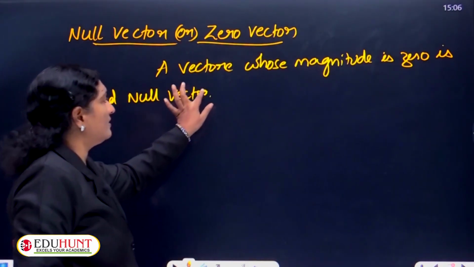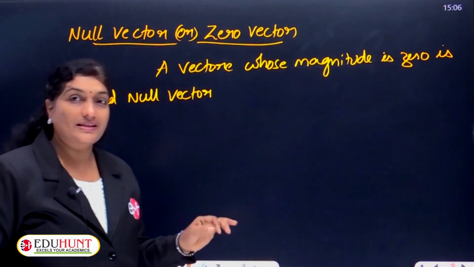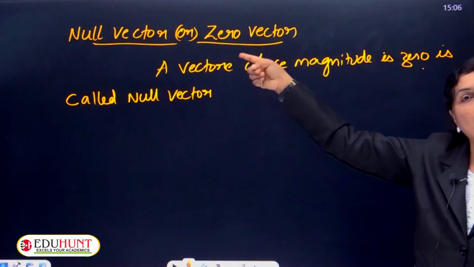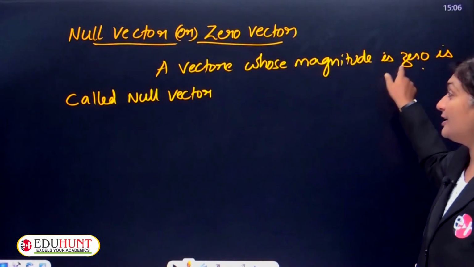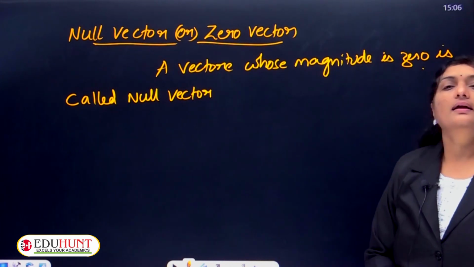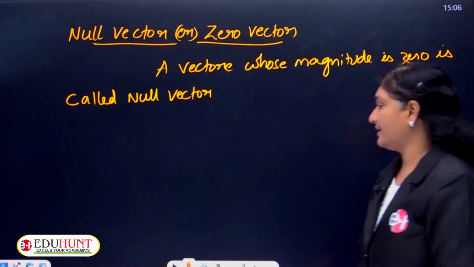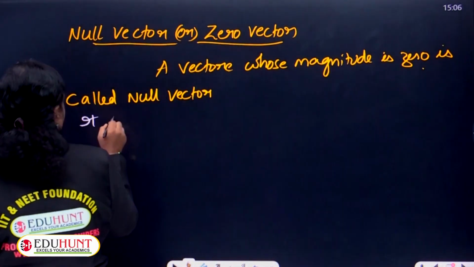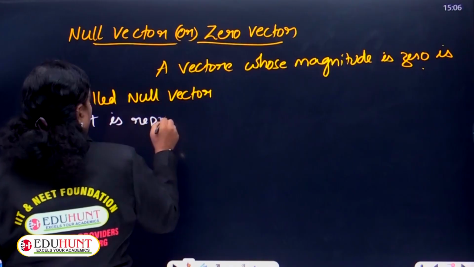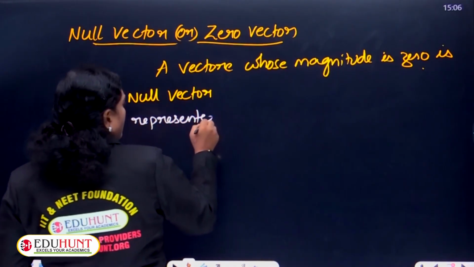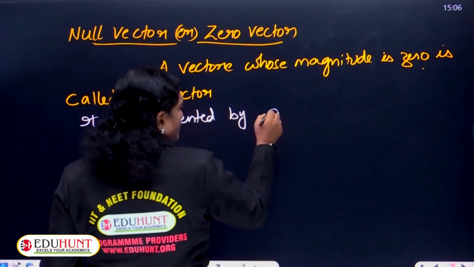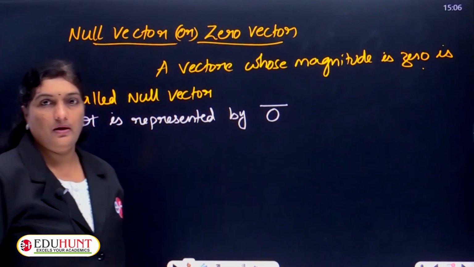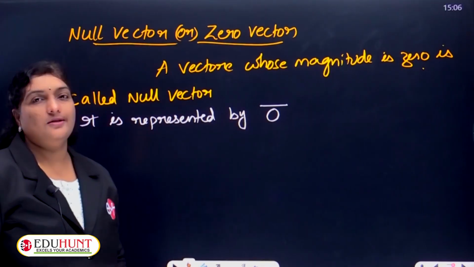So earlier, to define the unit vector, we said that a vector whose magnitude is 1 is called a unit vector, and a vector whose magnitude is 0 is called a null vector or a zero vector. It is represented by 0, and since it is a vector, with a bar over it, so 0 bar.